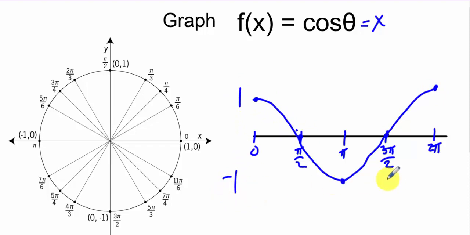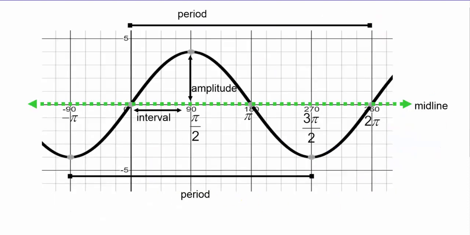Now, here are some special notations about these kinds of trigonometric functions. When I have a graph that is somewhat symmetric between the high and the low point, that halfway point between the highest point and the lowest point is called the midline.